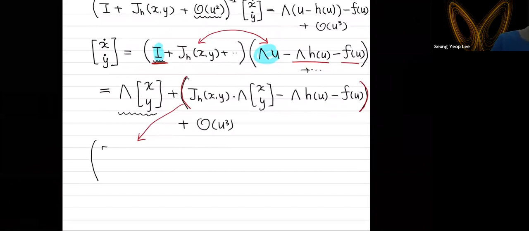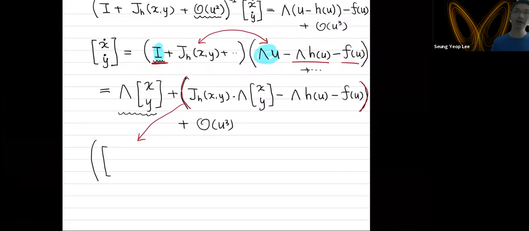JH is a matrix. What kind of matrix is it? It's a linear matrix.